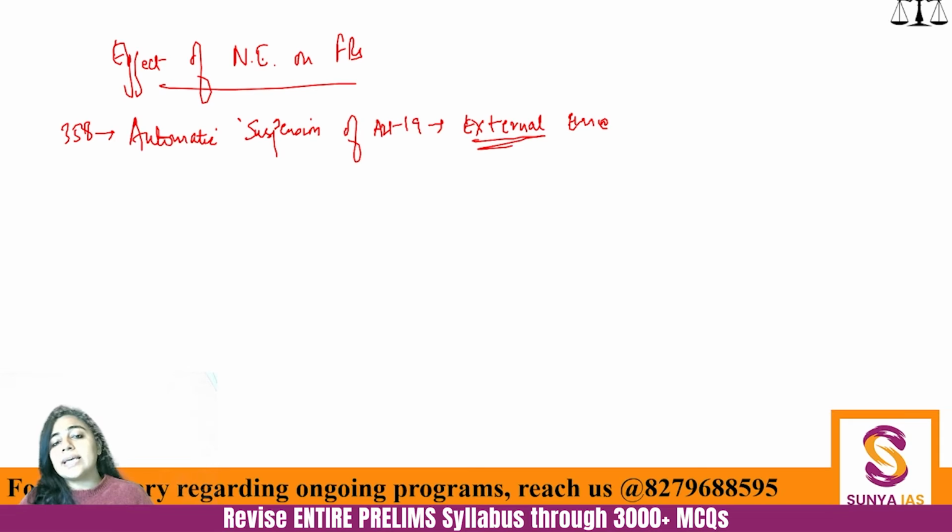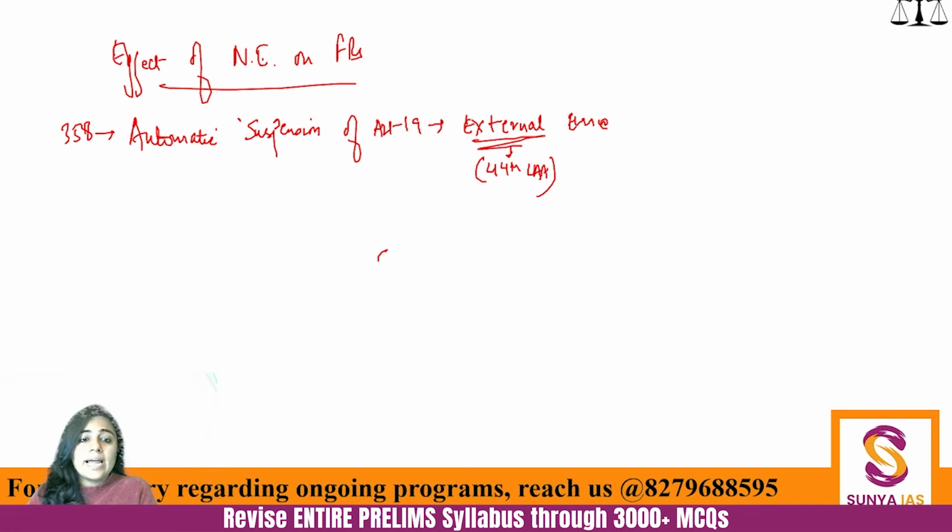And for this external, write down in brackets 44th Constitutional Amendment Act. Right? 44th was the good amendment. It tried to revoke a lot of bad things that had happened.